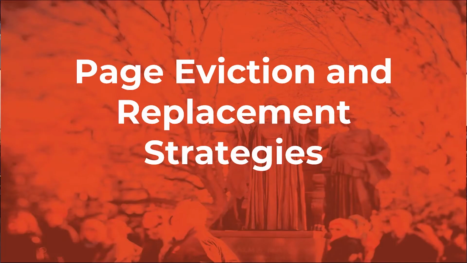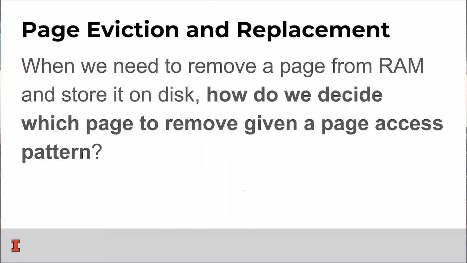The next thing I want to talk about, really quickly, is something that's useful to understand how the operating system decides this, and to get a feeling for how operating systems actually use this, which is page eviction and replacement. So what we've done so far is we've talked about a number of different pages, and I want to know, how do I determine which page should get removed given a series of page access patterns?